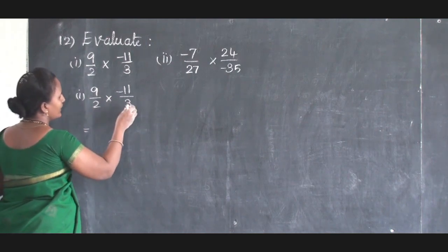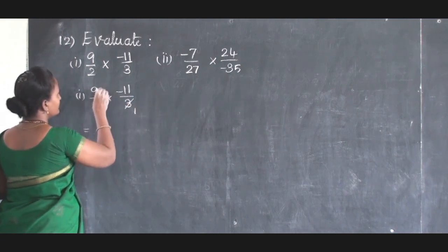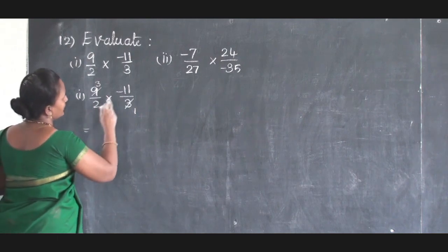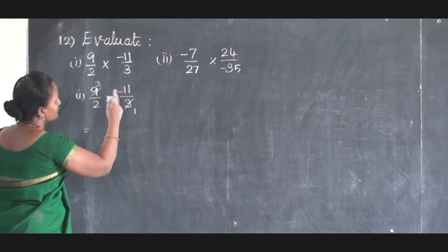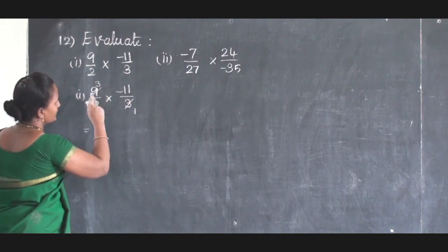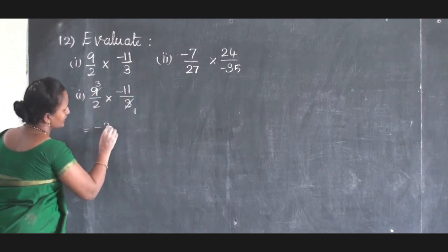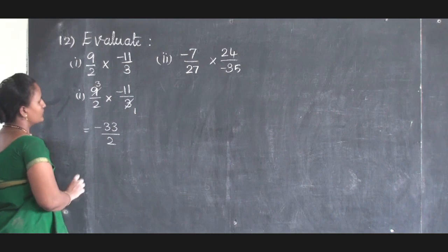First here cancellation: 3 ones are 3, 3 threes are 9. Any other cancellation here? No. So 3 into minus 11. Plus into minus is minus. 3 11s are 33 divided by 2 ones are 2. That is the answer.